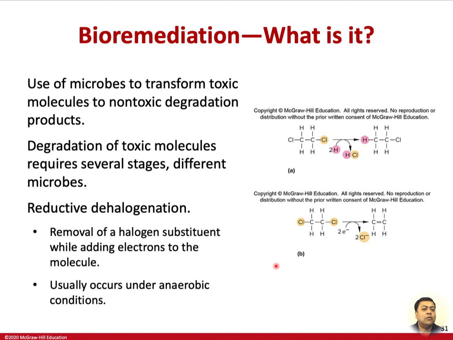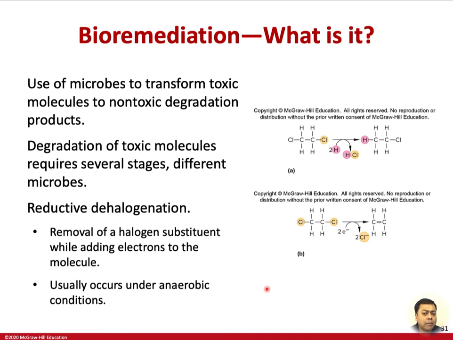So let's take a look at bioremediation. Bioremediation is the removal of toxic industrial products in the soil or aquatic environment. It is, of course, a daunting task, but it is necessary. There are many industrial compounds like perchloroethylene, which is PCE, trichloroethylene, TCE, and polychlorinated biphenyls, which are called PCBs.